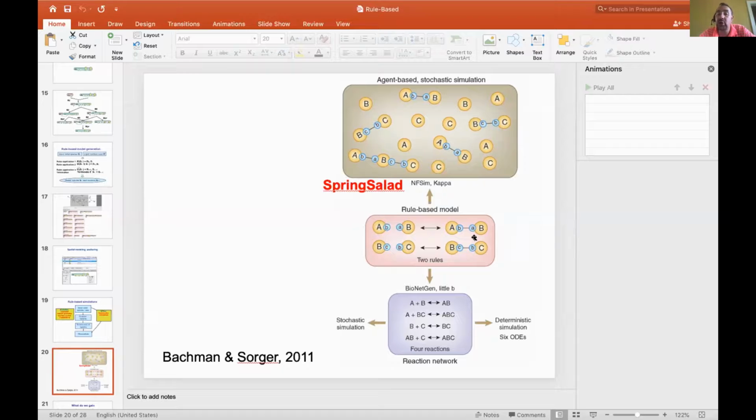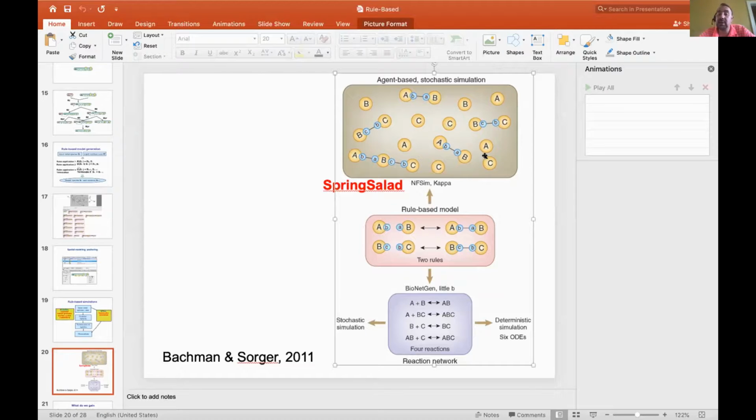So network-free randomly, according to the propensity of this interaction, finds A with a free side, finds B with a free side, and builds a bond. And if it is reversible, it finds this complex and breaks a bond. And if there is another rule for B binding to C, it just chooses some molecules B and C, and it gets a bond.